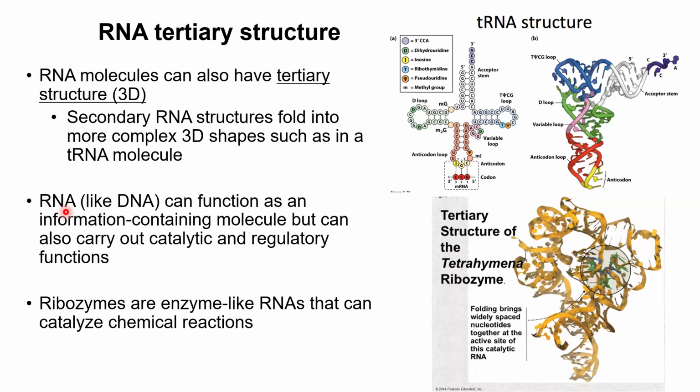And the RNA itself can function as an information containing molecule, but it also carries out catalytic and regulatory functions. And there are certain catalytic or enzyme like RNAs that are called ribozymes that can actually boost and speed up chemical reactions.